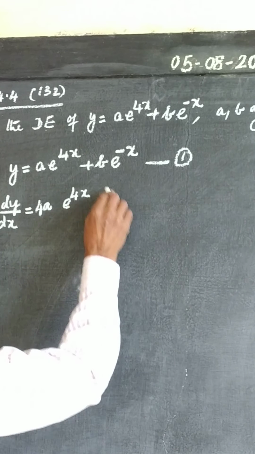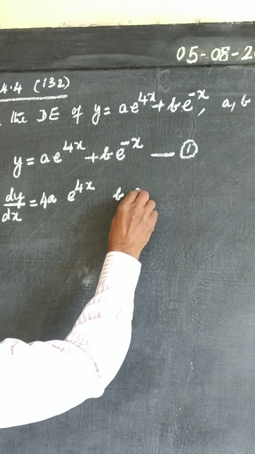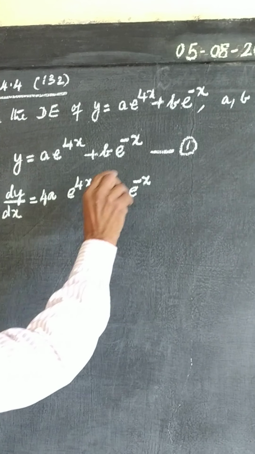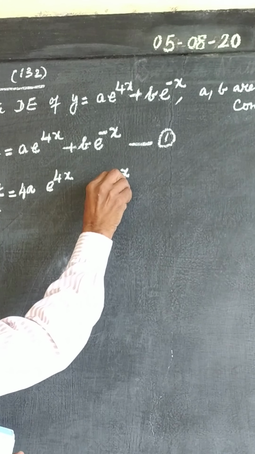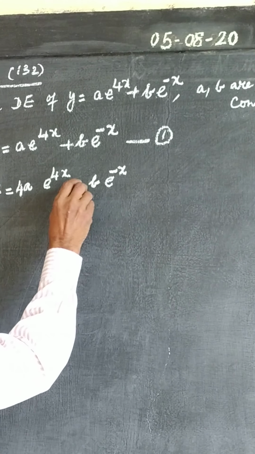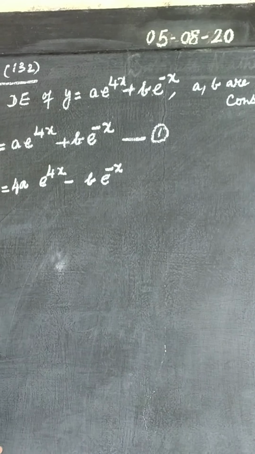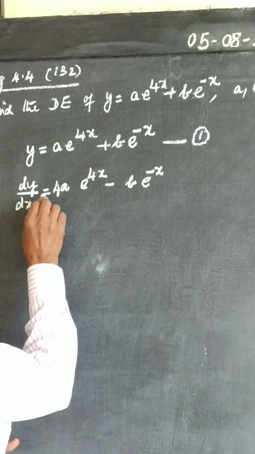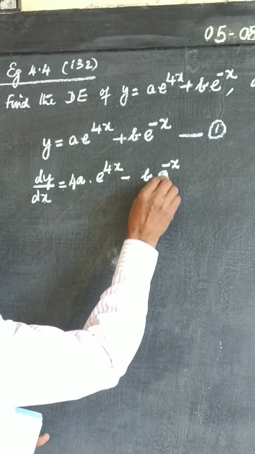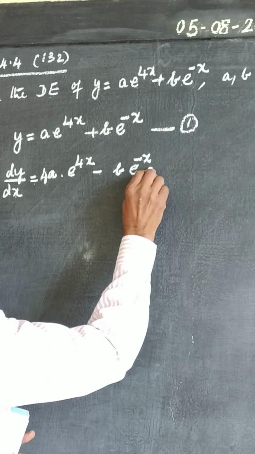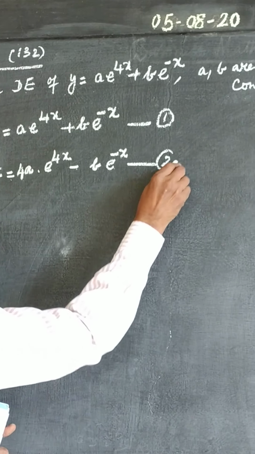Here b is constant, e power minus x itself on differentiation. Again, when you are differentiating minus x, you get minus sign. So, dy by dx is equal to 4a e power 4x minus b e power minus x. So, this is equation number 2.